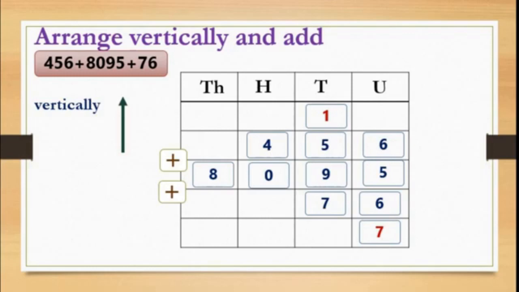Then here 1 plus 5 plus 9 plus 7, yes, it is 22. 2 we will write down and 2 is carried over to the hundreds place. Now 2 plus 4 plus 0 is 6 and here 8 will come down. So the answer is 8,627. This is called vertical arrangement, which means standing arrangement.